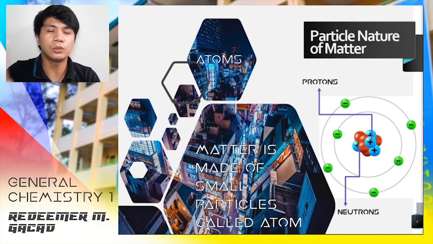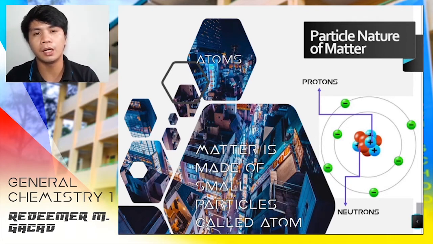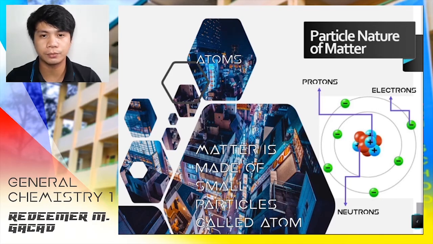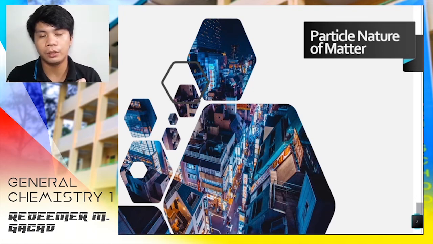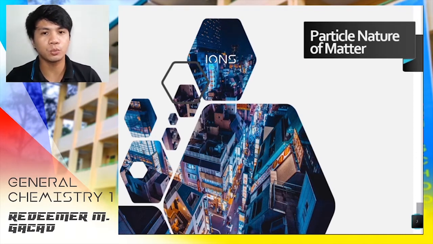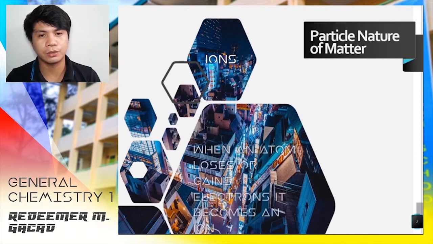And sa paligid ng nucleus naman ay ang mga negatively charged particles called electrons. Now, atoms are usually electrically neutral. It means the number of protons is equal to the number of electrons. Okay? But when an atom loses or gains an electron, it becomes what we call ions.